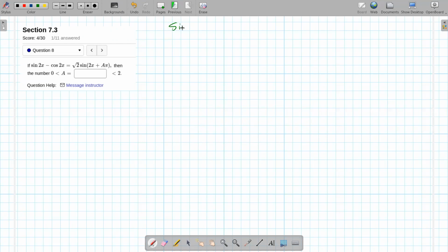That says the sine of the sum of two angles, let's call them alpha and beta, is equal to the sine of alpha cosine of beta, plus, and then switch, cosine alpha sine beta. Now here they also have a square root of 2 out front, so I'd need to put a square root of 2 in front of each of these.